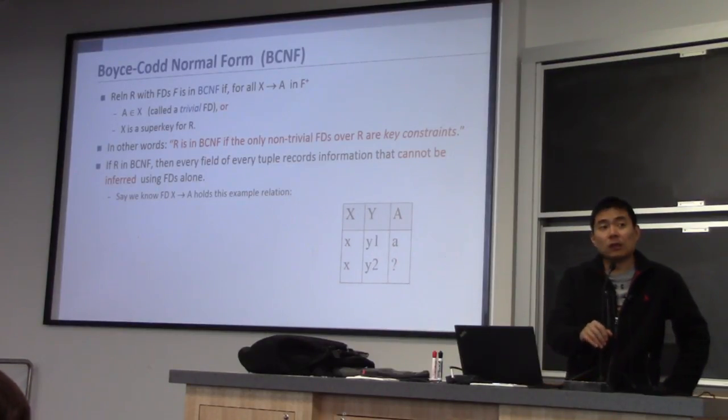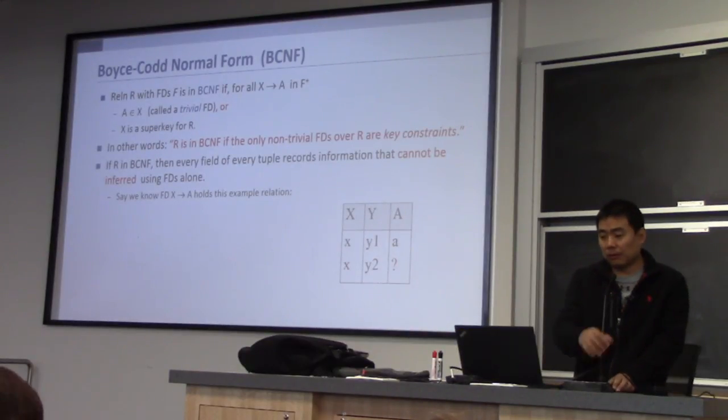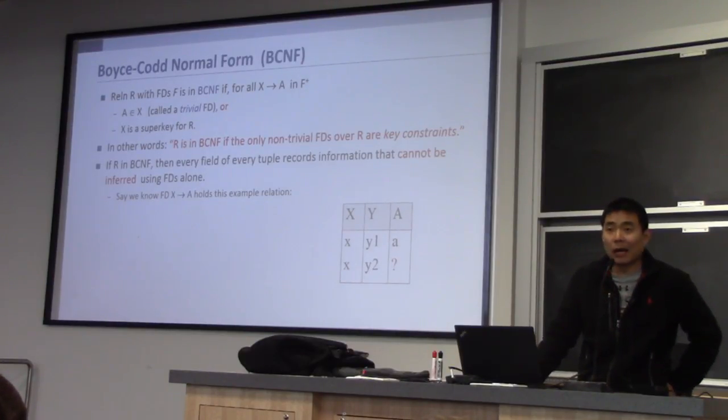One is it is a trivial function dependency in the sense that the right-hand side is a subset of your left-hand side. When you have X determine A, A is a subset of X. In that case, that's what we call a trivial function dependency. Or X is a superkey.